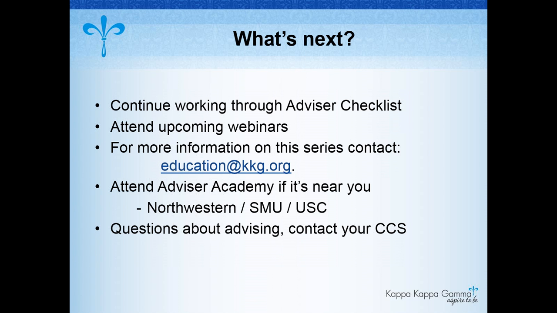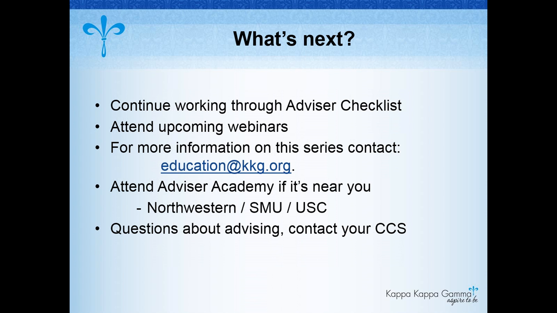Remember, you've got a wide variety of people that are available to help you within your own board, first of all. Don't forget to reach out to your other chapter advisors and get their opinion and ask them for their help. But you also have a CCS, a Coordinator of Chapter Support, and she is a resource to you. The CCS is charged with helping you to recruit and train your advisors.